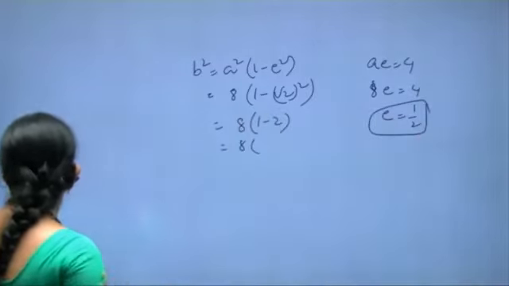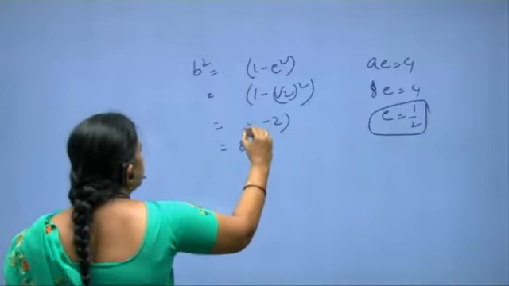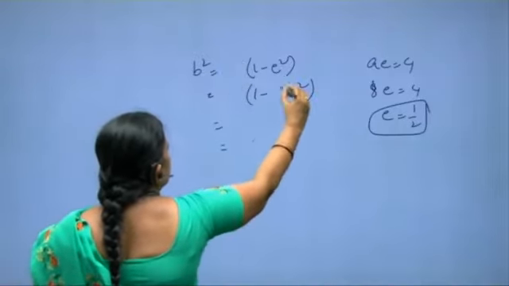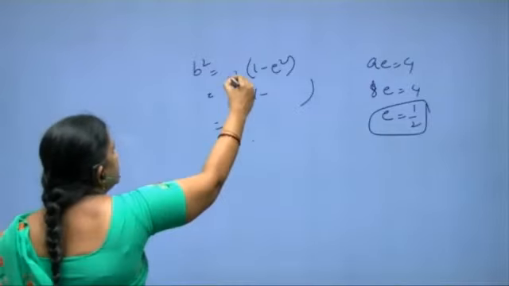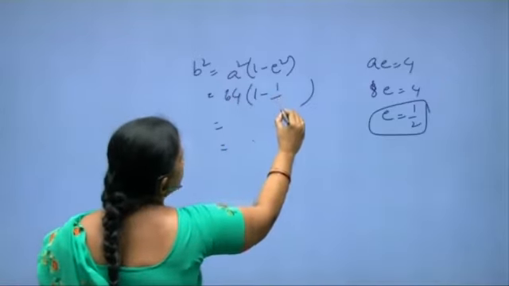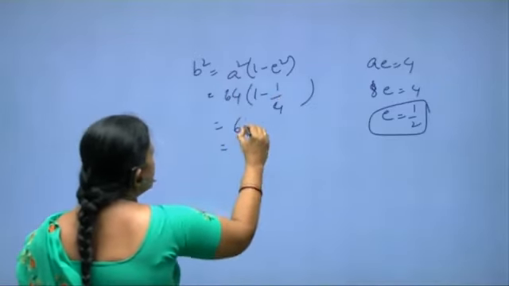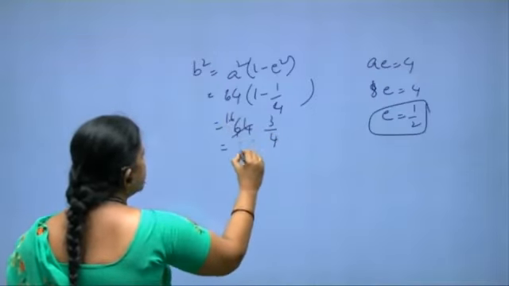Now b square is a square into 1 minus e square, that is 64 into 1 minus 1 by 2 whole square, that is 1 by 4, so 64 into 3 by 4. Here 4 will cancel 16 times.